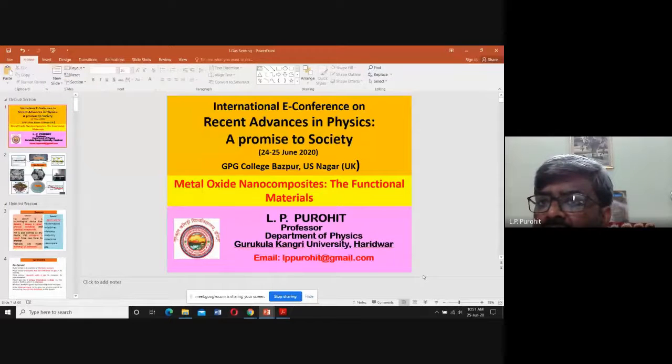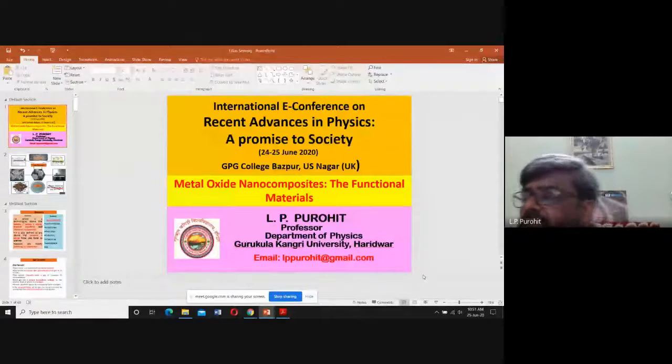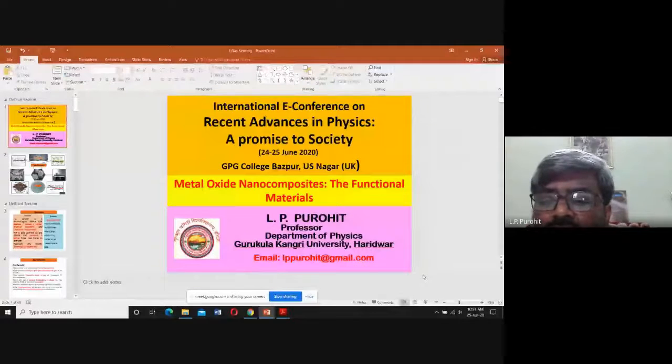Normally, the reinforcing materials are strong, like fibers, seeds and other particles, while the matrix materials are always ductile or tough materials. And we know the natural composites are wood, bamboo, and bricks, which are well known to us.